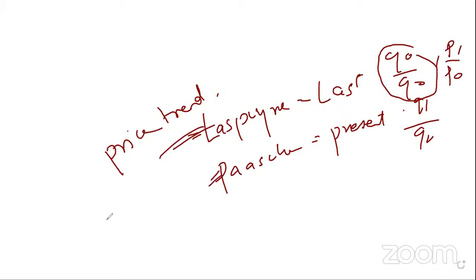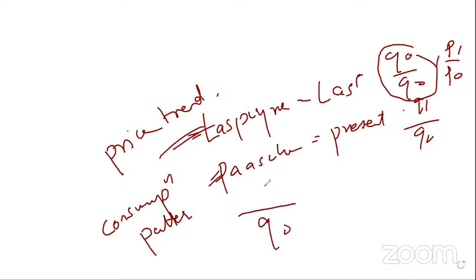Paasche is used to study consumer behavior, or you can say consumption pattern. Why? What was consumed in the base year and what is consumed in the present year can be studied here. Here you are taking today's consumption, so we are able to see how the consumption pattern has changed. So that is what we see from the Paasche index.